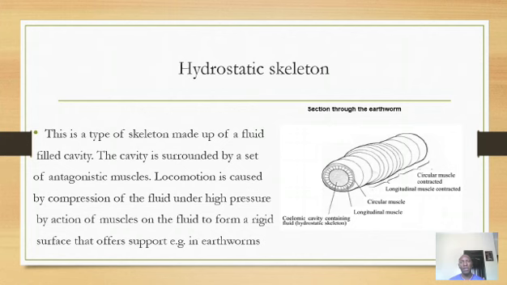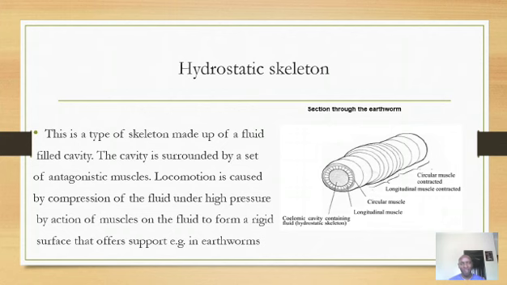One contracts and another one relaxes. So in the earthworm we have the longitudinal and the circular muscles together with a cavity which is fluid filled, forming the skeleton that we are calling a hydrostatic skeleton, bringing about locomotion in organisms like the earthworms.